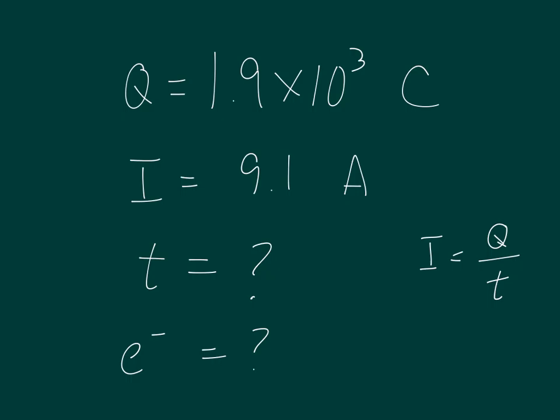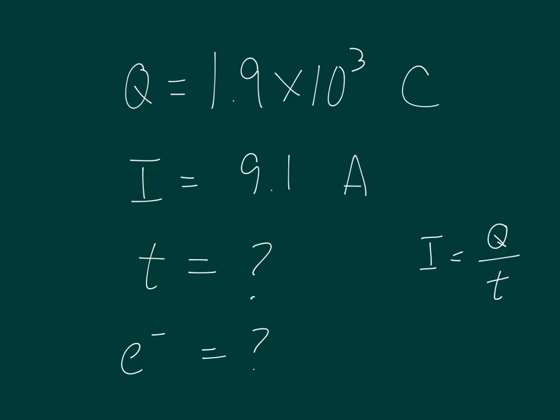The next part says, how many electrons is this? And a lot of you made mistakes on this on the test. I gave you examples where there were 20 electrons jump from one object to the other. So you have to consider how much charge that is. And a lot of people just wrote 20. It's not 20. What's the charge on an electron? Good. 1.6 times 10 to the negative 19 coulombs. So if you want to know how many electrons this charge represents, take the charge and divide it by the charge per electron.